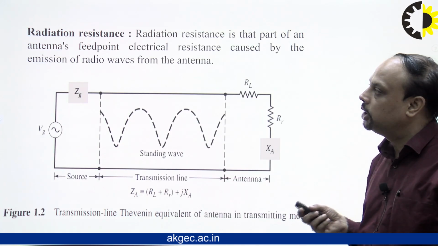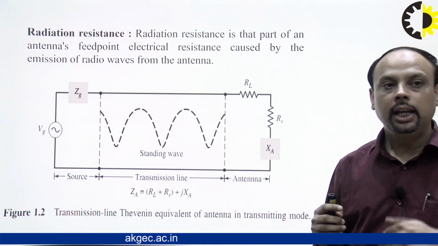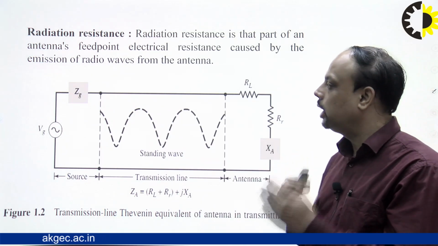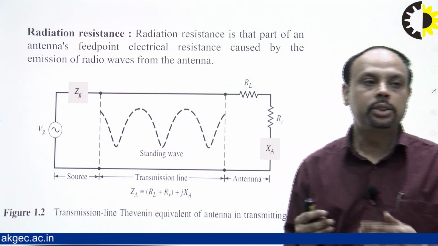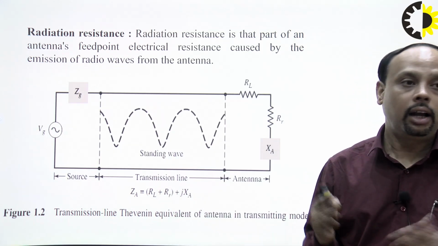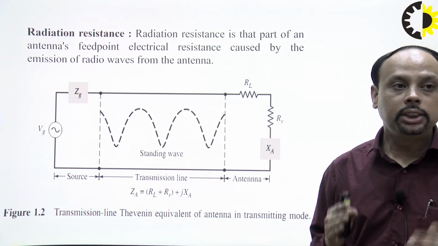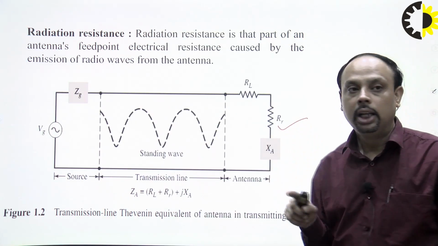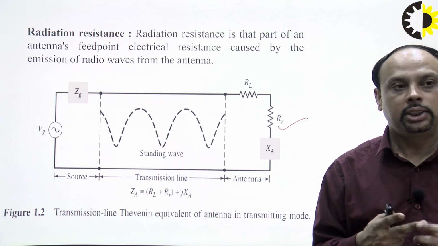So what is the radiation resistance? When the antenna is trying to radiate the wave, some of the wave is radiated as radiation, and this is treated as a loss in the total system. So this loss is represented by the radiation resistance of the antenna. There are two types of losses over here.